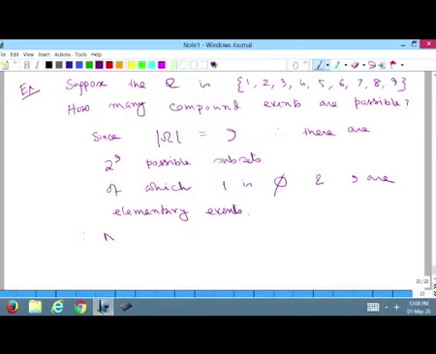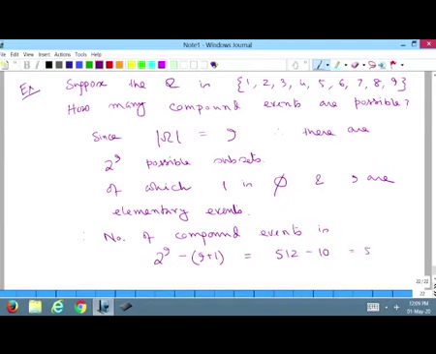Therefore, the number of compound events is 2 to the power 9 minus 9 minus 1, which is 512 minus 10, equal to 502. So many compound events are possible.